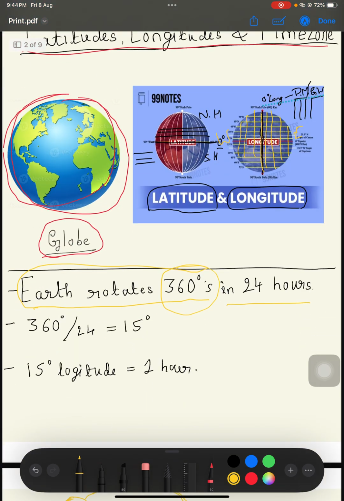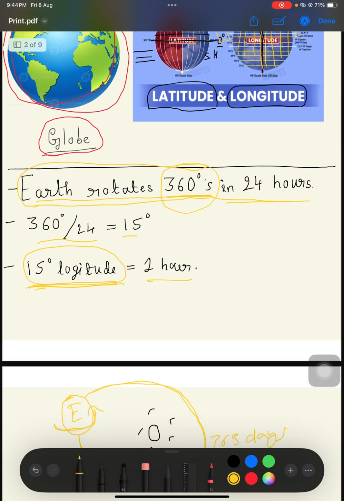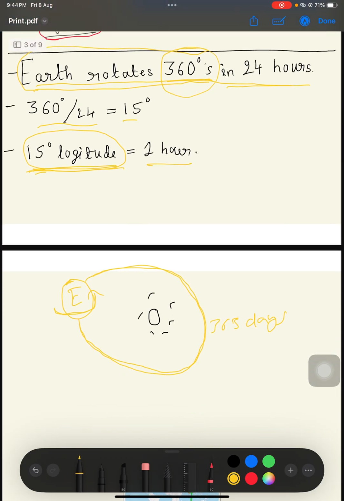And the earth rotates 360 degrees in 24 hours. So 360 divided by 24 is 15 degrees. For every 15 degrees of longitude, it will cover 1 hour when it is rotating. So 15 degrees of longitude takes 1 hour.